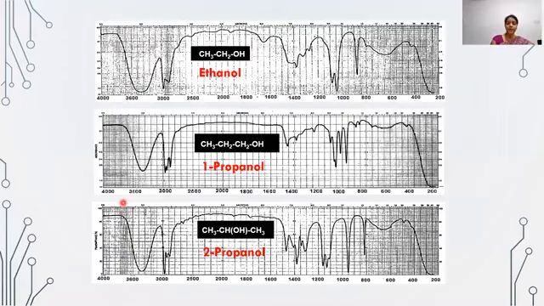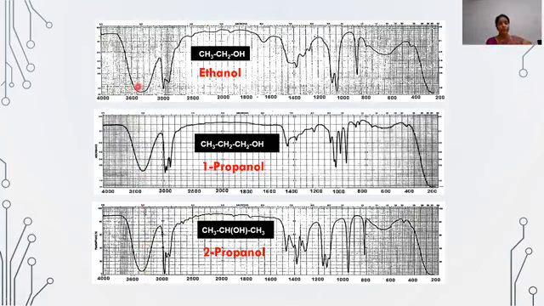Here you can see three IR spectra: ethanol, 1-propanol, and 2-propanol. Since IR spectroscopy is used for the detection of functional groups, in all three compounds there is the same functional group, alcohol. And in all three, this broad band represents the OH stretching in the molecule.